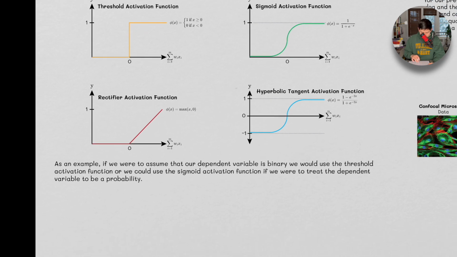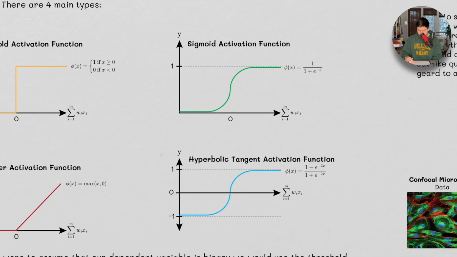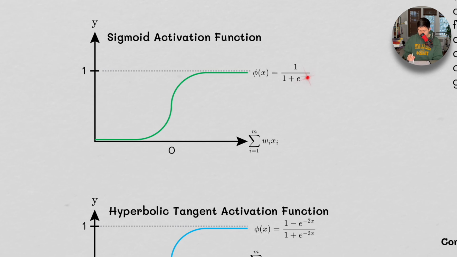All right. As an example, if we were to assume that our dependent variable is binary, we would use the threshold activation function. Or we could use a sigmoid activation function if we were to treat the dependent variable as some sort of probability, maybe. Because again, probabilities look very much something like this, right? If X gets really big, for example, then whatever gets put into the denominator here, this looks like a probability almost, right?